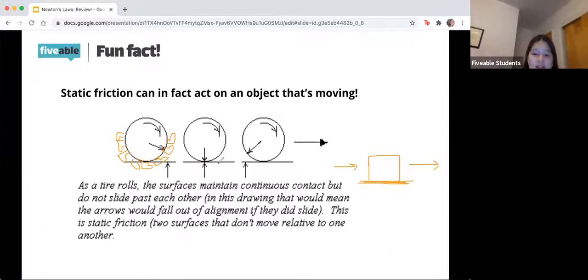A new surface of the ball rubs against the floor every second. So each little square centimeter of the ball rolling against the floor is like a foot, and each one is experiencing static friction as the ball rolls. Kinetic friction would be the ball sliding and maintaining its orientation, if that makes sense.